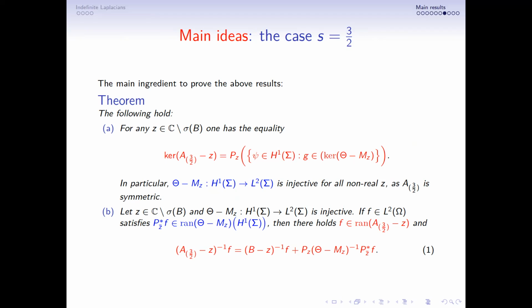The boundary triple here in this case would be L2 as a space, and say gamma zero. You just take the trace on your hypersurface.